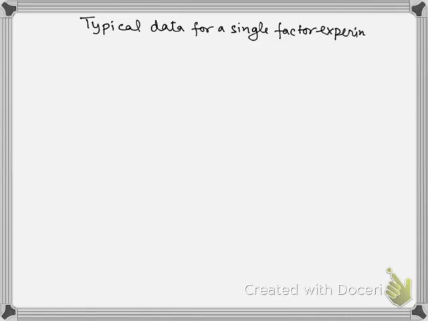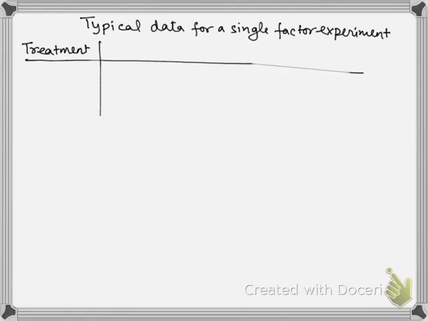So let's start with the typical data for a single factor experiment setting so that you can keep that in mind. Basically this is how it's going to look. You would record your treatment. It's a single factor with A levels.